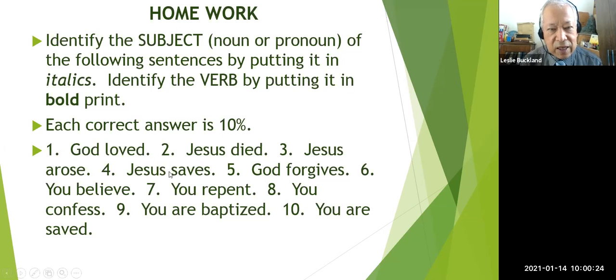And you can send that to me when you're finished, most likely after class is finished, so that I can grade it and put a grade in the marks register beside your name.